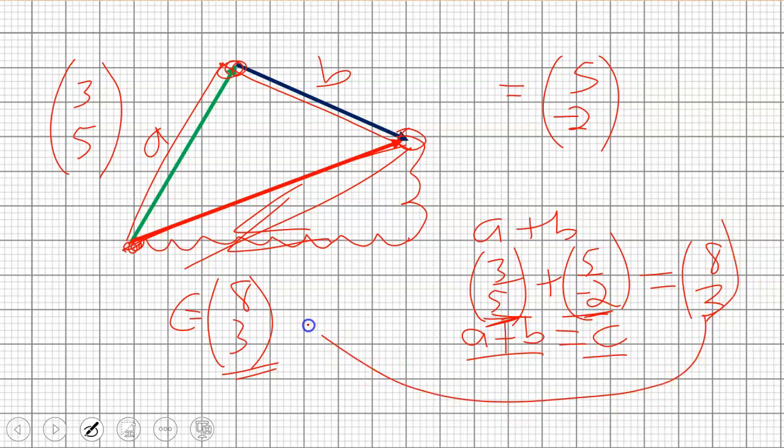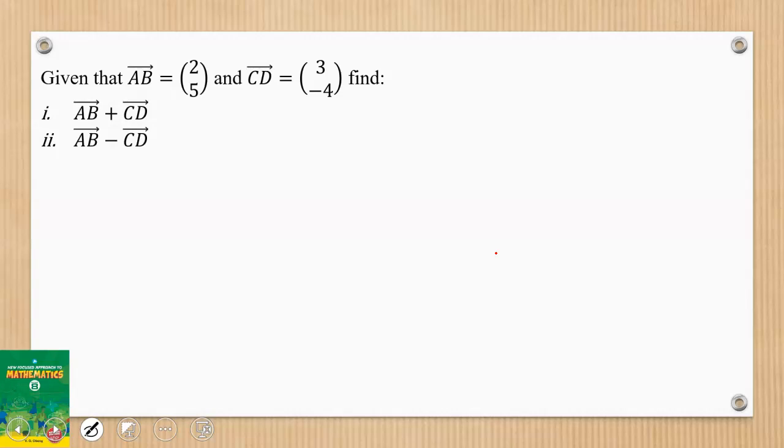It is the same result I have here. So A plus B really is equal to C. Geometrically, that's how we do addition of vectors, and algebraically, we add x components and add y components.